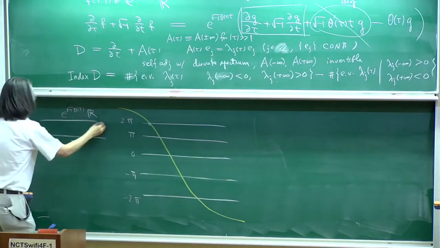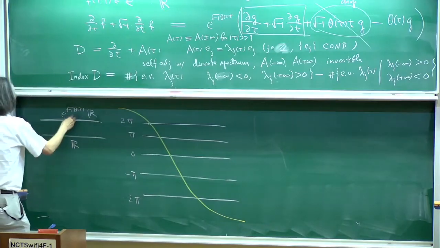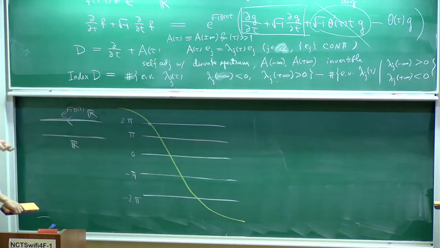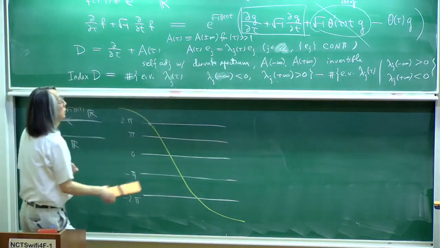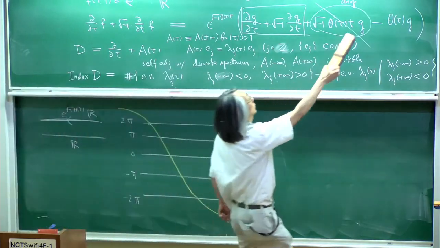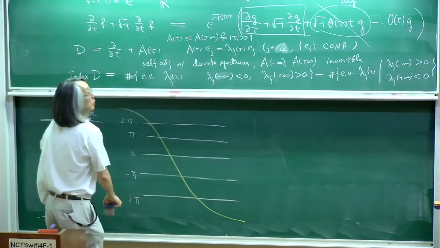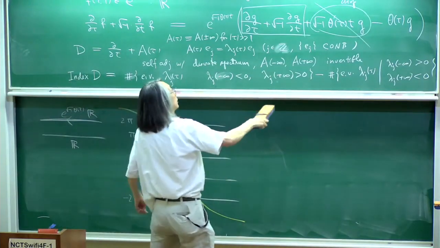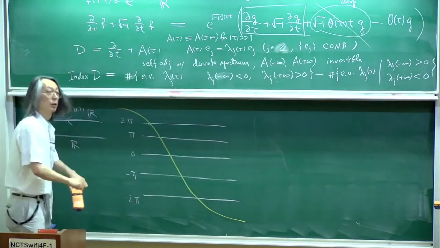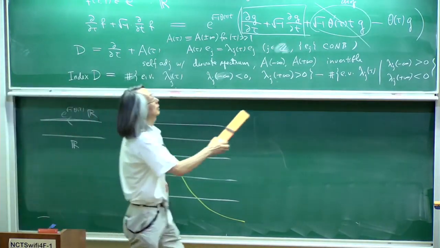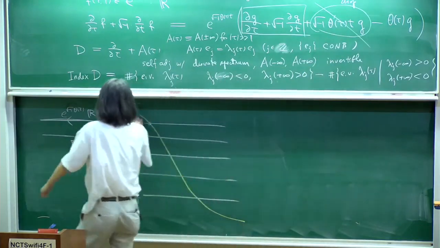So therefore, if theta actually grows this way, then the index must be positive. Now it's compatible, because if theta grows, theta getting bigger, then some branch may become negative, although the value at plus infinity is negative. So therefore here the minus sign, so therefore the computation is actually okay.